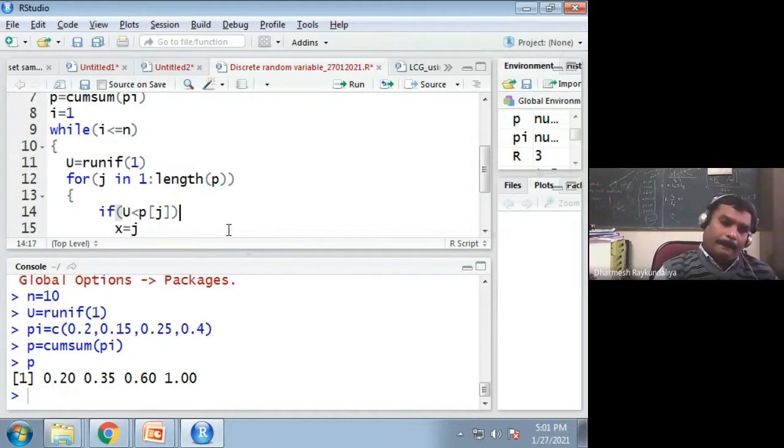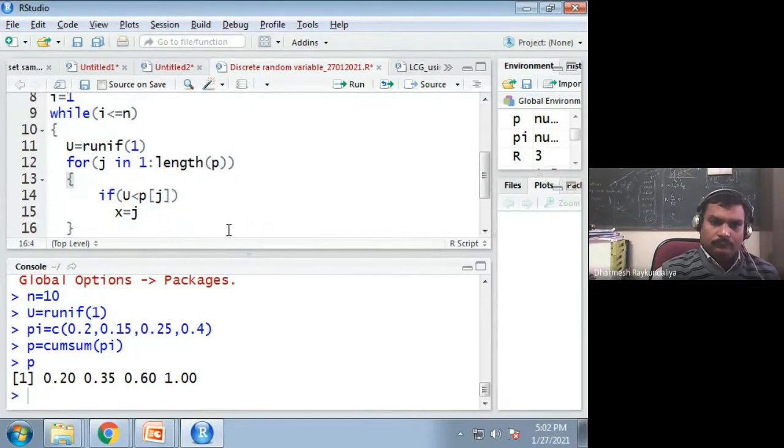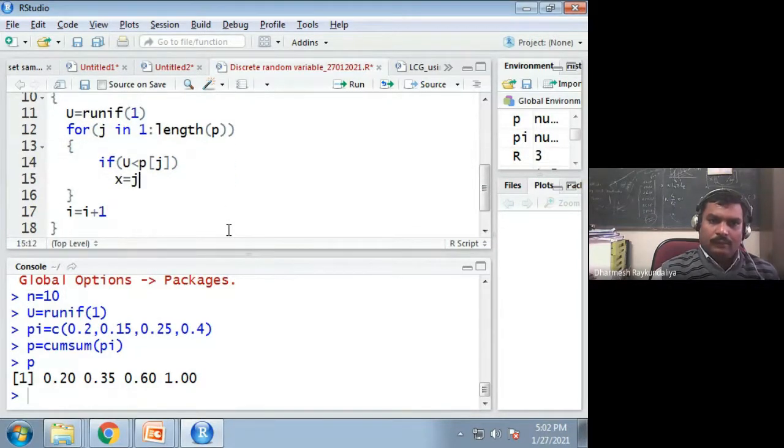Is that right? Yes or no? Once it is selected, all possible conditions have been checked, and then you will go for another random number generation.